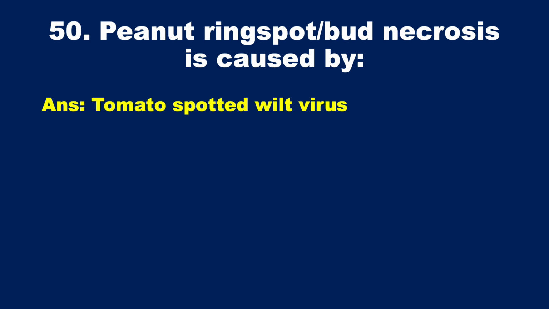So this is the last question of this part 2. The question is on the peanut ring spot or bud necrosis is caused by. The correct answer is tomato spotted wilt virus. Generally, this disease is popularly known as tospovirus and is transmitted by thrips, Frankliniella schultzei.